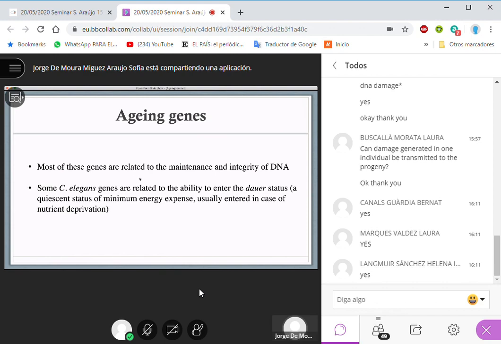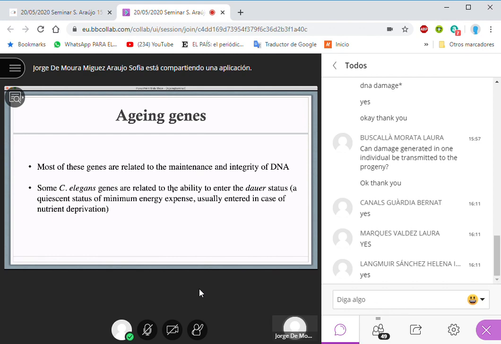But then some C. elegans genes were related to the ability to enter dauer status. When C. elegans worms are subjected to nutrient deprivation, they enter this dauer status, a quiescent animal status where they require the minimum energy and can be quiescent for a while until the food goes up again, and then they can enter normal status again.